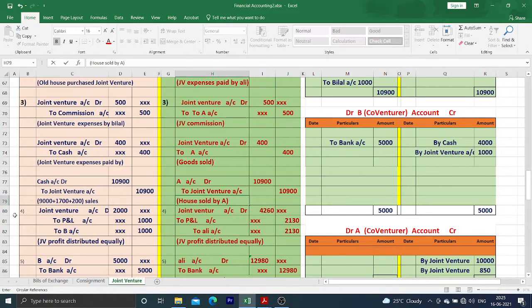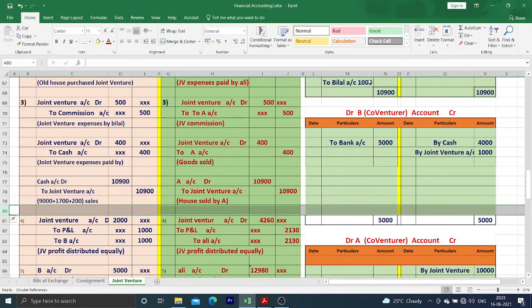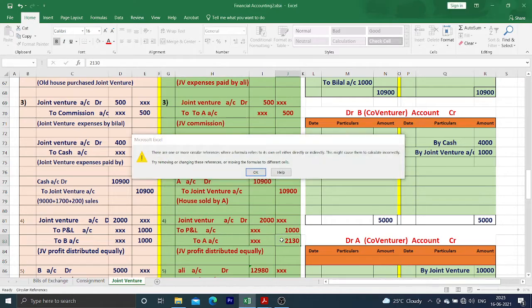Now profit and loss account. Profit amount is 2,000. Distributed profit and loss account, that is B share 1,000 to A account. 1,000.